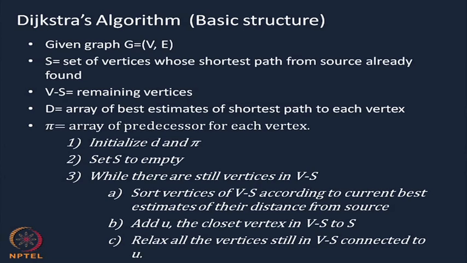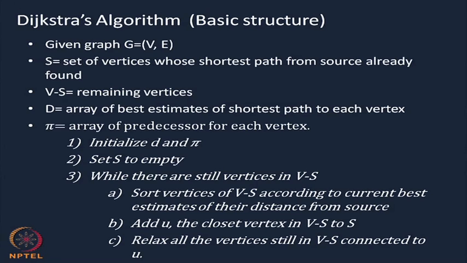While there are still vertices in V minus S, you sort the vertices in V minus S according to the current best estimate of their distance from the source. That is, among the remaining vertices, you find the minimum distance. Then you add u, the closest vertex in V minus S, to S, and we relax all the vertices in V minus S that are connected to u.